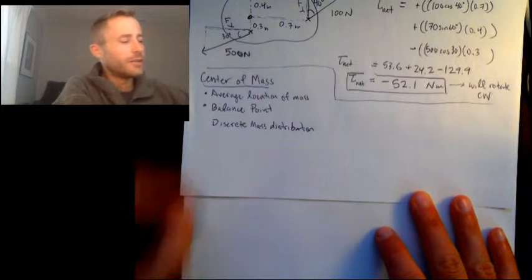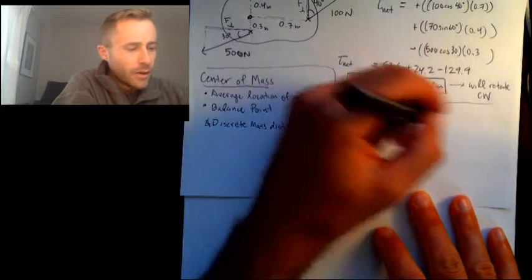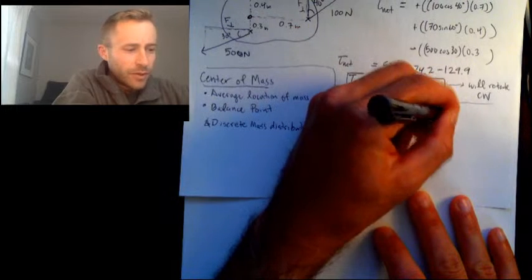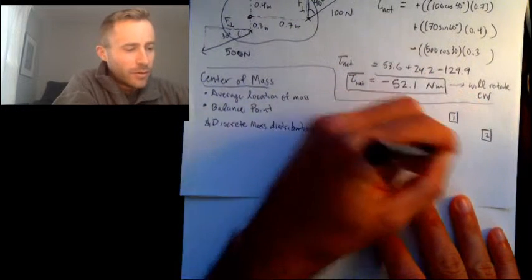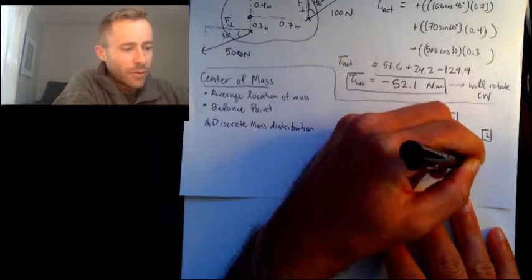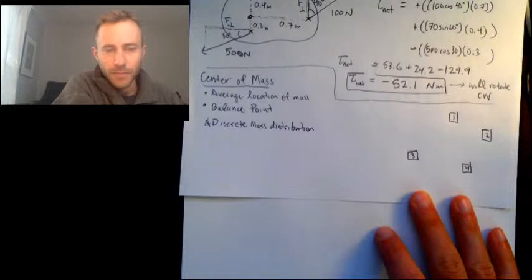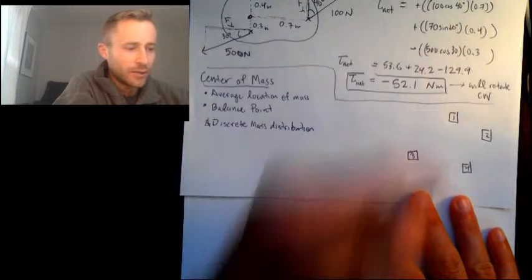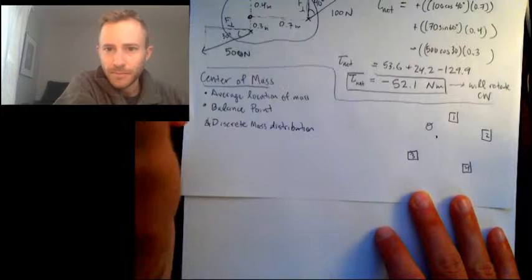A discrete mass distribution means that you have mass number 1, mass number 2, mass number 3, mass number 4, etc. So you can count the individual masses, and you have an origin, which is right here.